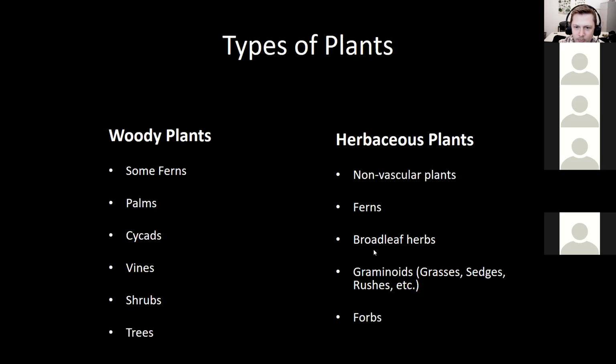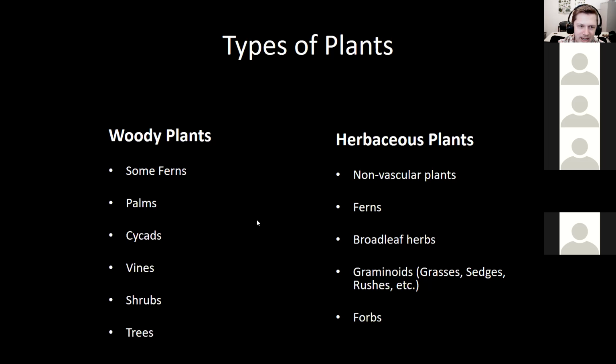Ferns, broadleaf herbs, and I guess that would include forbs as well, and then graminoids. And graminoids are all your plants that are grass-like. So grasses, sedges, rushes. It can get pretty technical when trying to differentiate those, but these are all things you need to think about. And of course, there's always exceptions here.